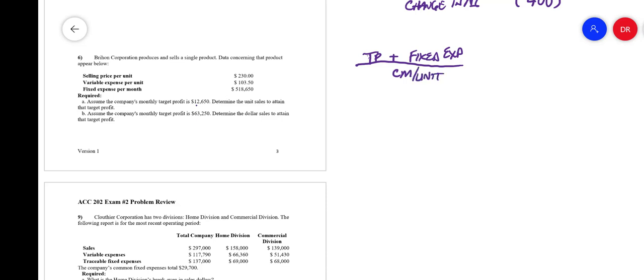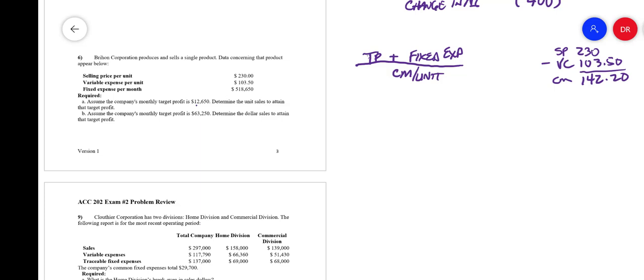So the contribution margin per unit is going to be the selling price per unit of $230 minus the variable cost per unit of $103.50. We're going to have a contribution margin per unit then of $142.20.